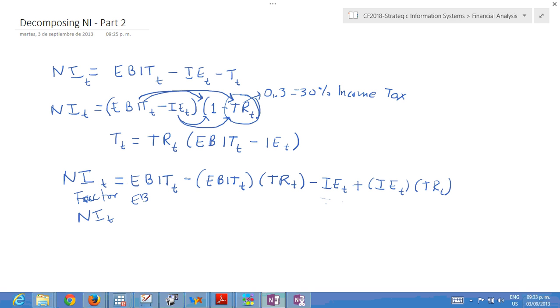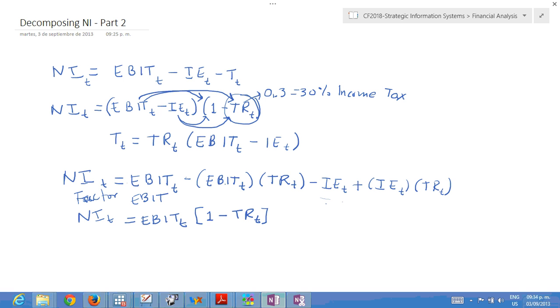EBIT. If you remember your algebra in middle school, when you factor, you look at the common terms. You have EBIT here, you have EBIT here, then it's going to be EBIT at time t multiplied by 1 minus tax rate at time t.